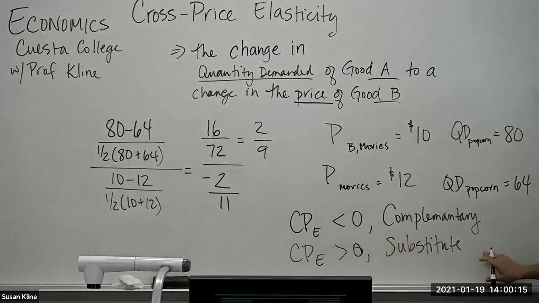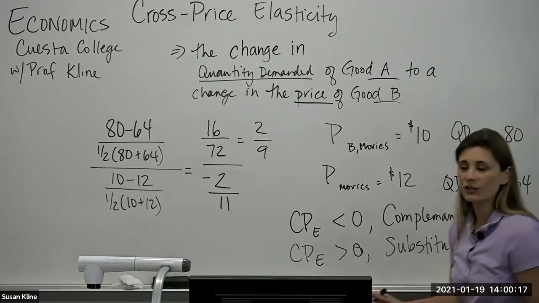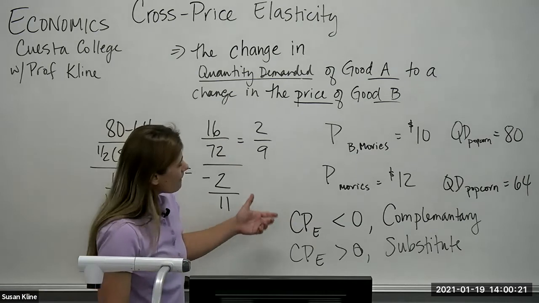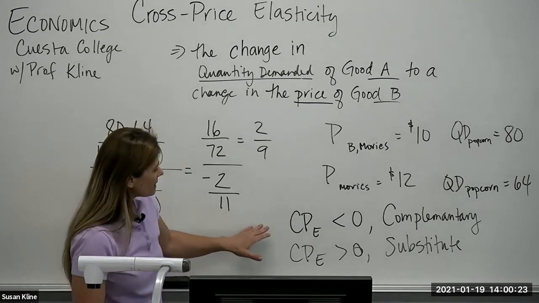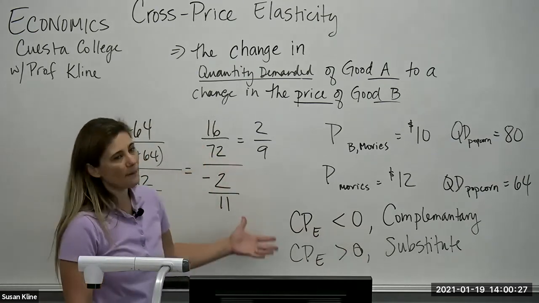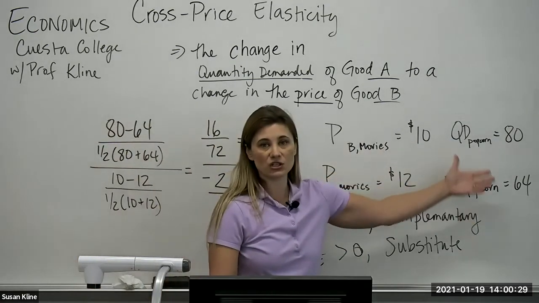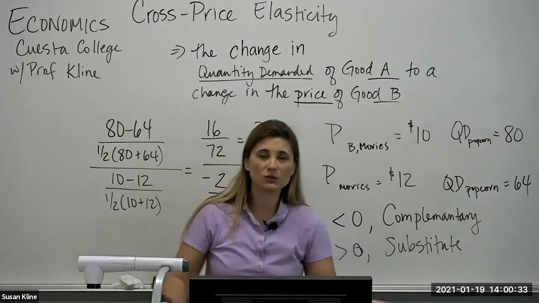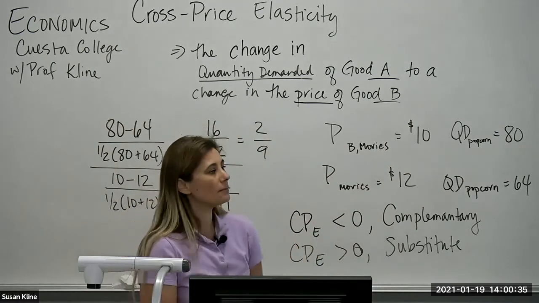Now, the last thing to mention here is that not all goods are complements and substitutes. And so the magnitude matters because if it's really close to 0, if this is a weak number, then there is a weak relationship and they may not be related at all, right? So this is where we do have to use some of our common sense.